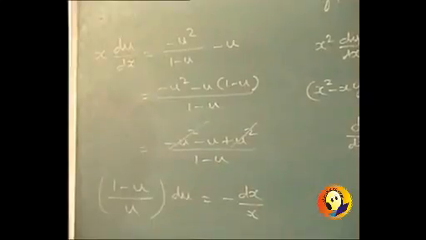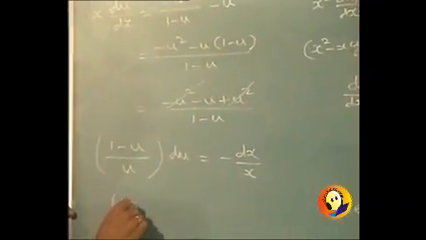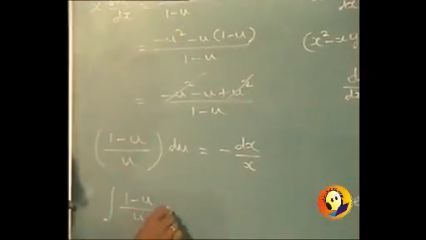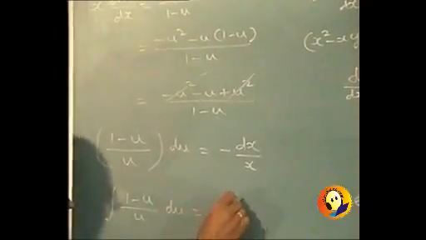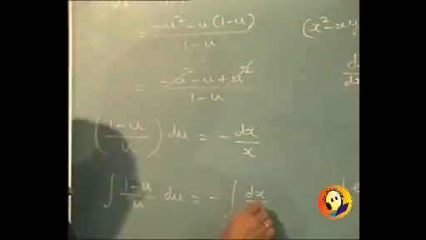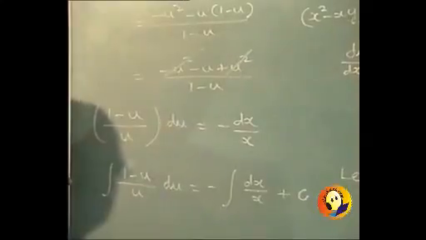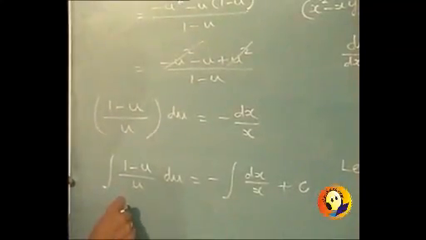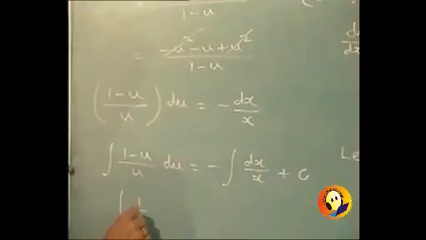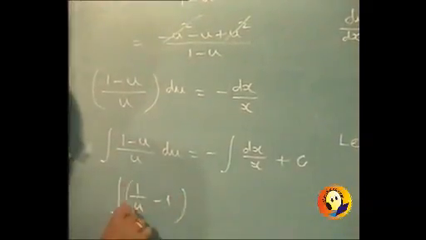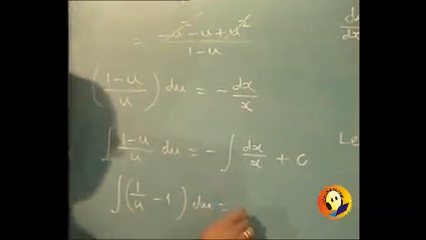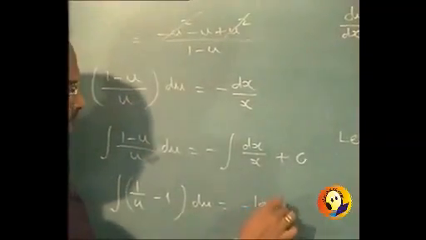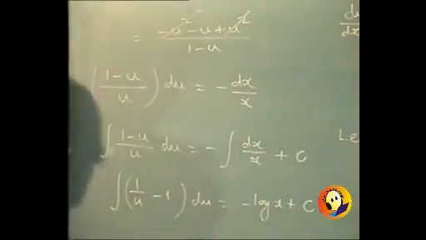So we can integrate both sides. So it will be integral (1 minus u) upon u du equal to minus integral dx upon x plus constant of integration. To integrate the first term, rewrite it as integral (1 upon u minus 1) du equal to minus log x plus constant of integration.